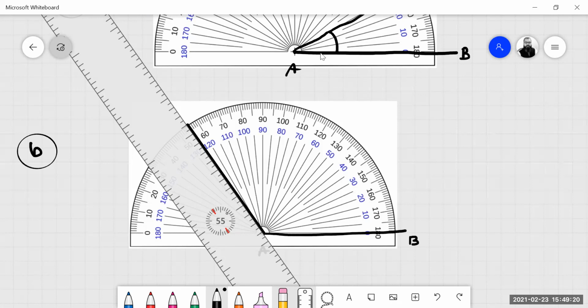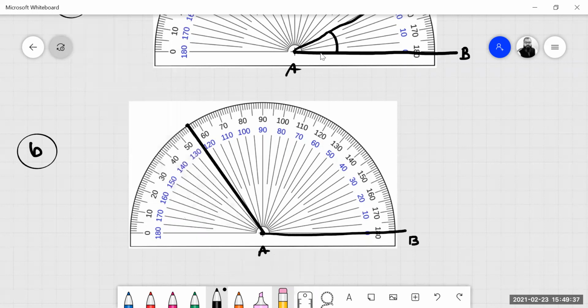This angle is how much? 125. So, sir, we use this to know how many degrees the angle is? Yes. This angle is from B to C, from the starter line.